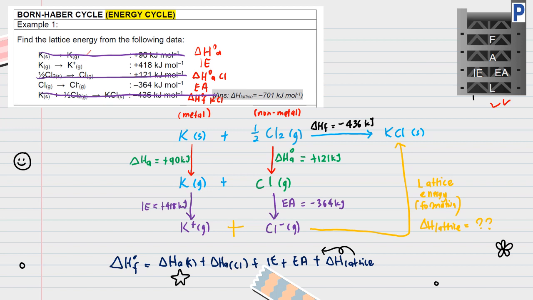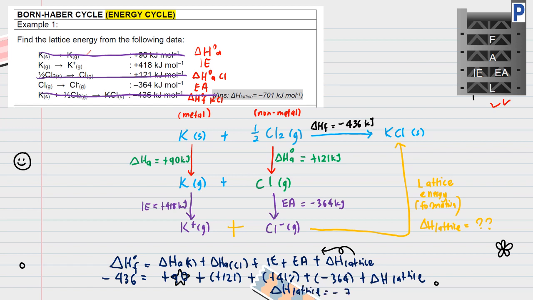Tapi formation tadi ni berapa? Negatif 436 sama dengan atomization of K adalah positif 90 tambah dengan positif 121 tambah dengan positif 418 tambah dengan negatif 364 tambah dengan delta H lattice. And then after that kita calculate lah berapakah nilai kita punya delta H lattice. So after kita calculate kita dapat nilai dia negatif 701 kJ mole minus 1.